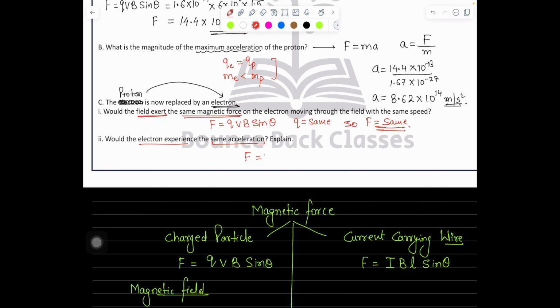F is equal to ma, so a is equal to F by m. For the electron, mass is less, so the acceleration is more. Do you understand? Less mass, more acceleration. Clear? Sure?